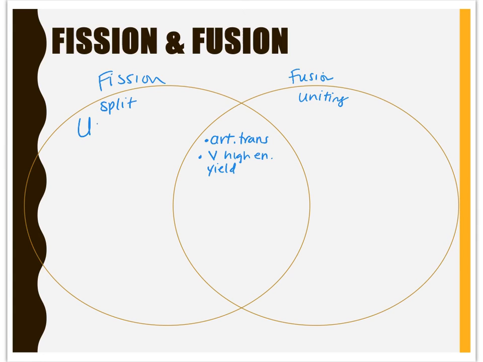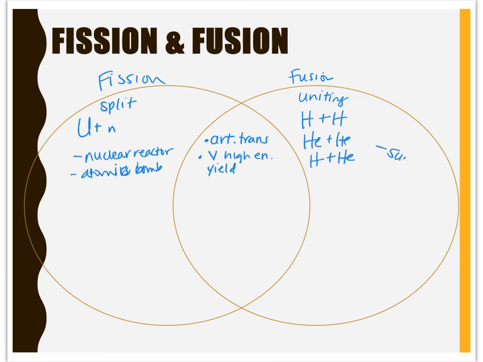Fission, you want to see uranium plus a neutron. Fusion, you want to see hydrogen plus hydrogen, or helium plus helium, or hydrogen plus helium. Fission is nuclear reactor if it's controlled, or atomic bomb if it's not controlled.